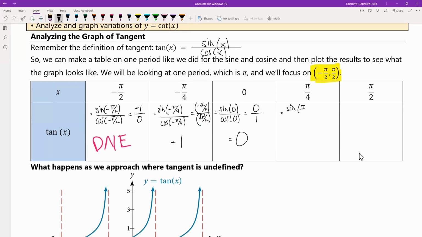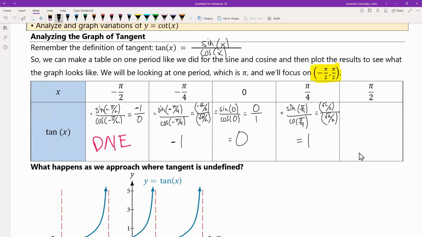Sine of pi over 4 divided by cosine of pi over 4 is equal to root 2 over 2 divided by root 2 over 2 from the unit circle. This is equal to 1.